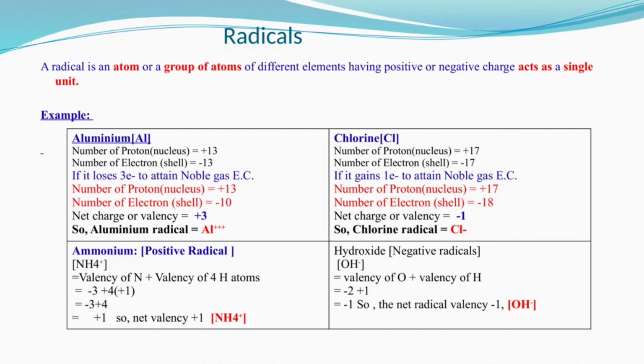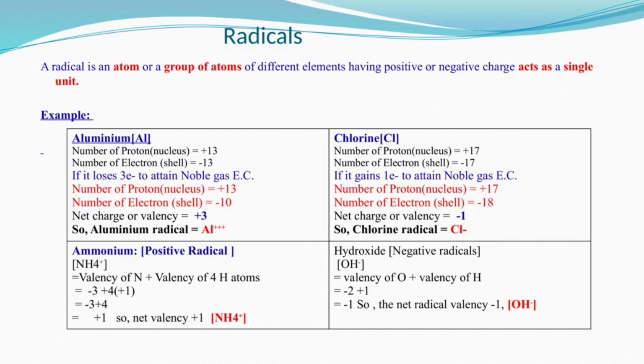In that case it will have minus 10 electrons after losing 3 electrons. So net charge or valency is plus 3. The aluminum radical will be Al with a superscript 3 plus, and it will act as a positive radical.